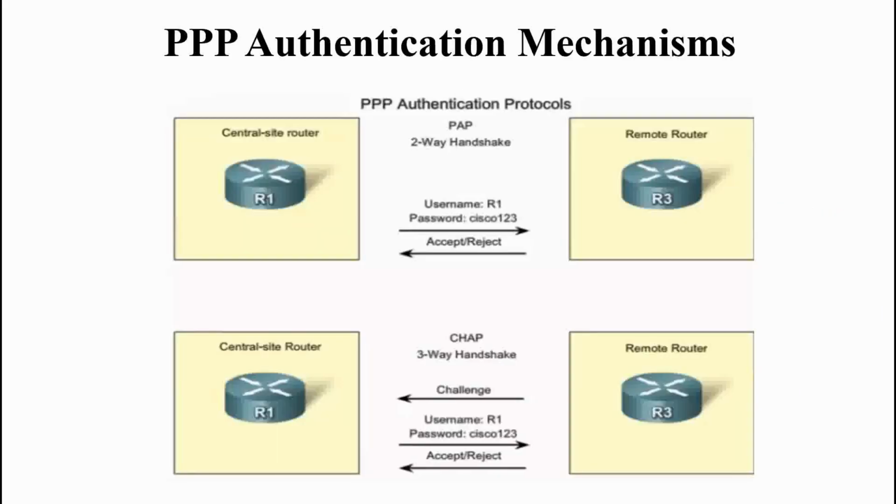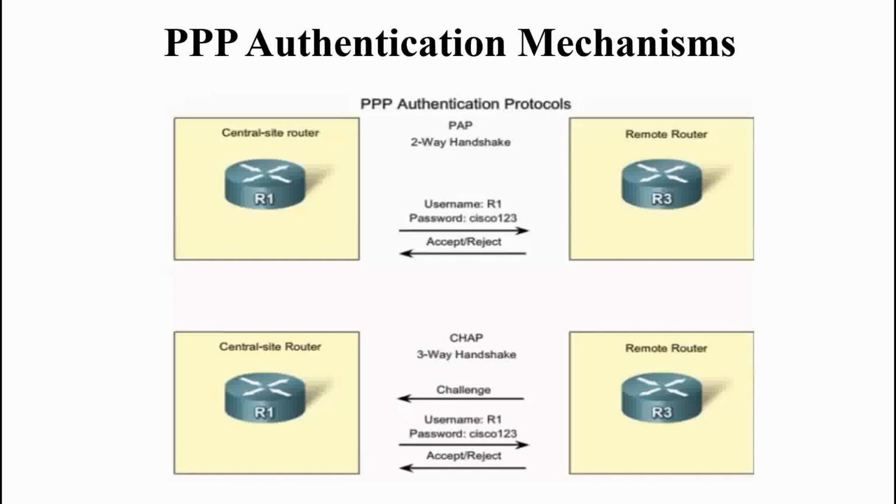Another difference is that PAP is a two-way handshake method, but CHAP is a three-way handshake method, because when you send packets from router 1 to router 3, router 3 will send a challenge, meaning an encrypted code, in order to figure out whether the packet has come from the real source or not.